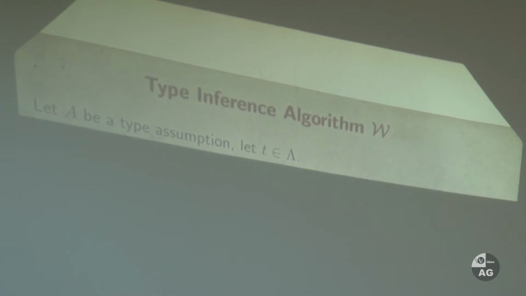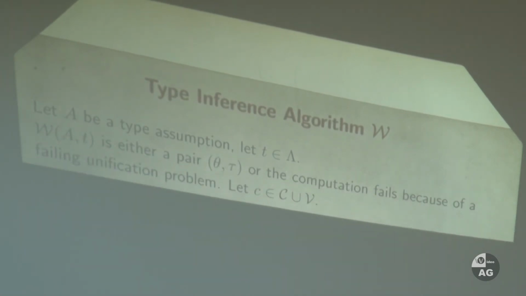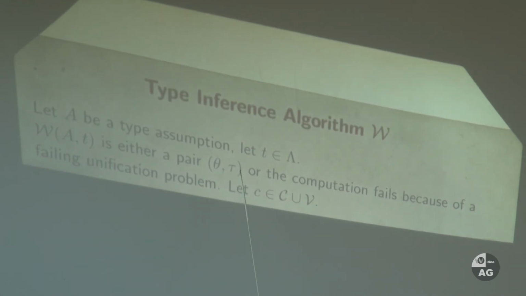And the term is a lambda term, so it comes from the set of all lambda terms, which we denote by capital lambda. Well, what is the result if I call W with A and T? Well, either T is well typed under this type assumption, and then the result will be a pair like this: the most general type of T, and this refinement, which tells us how A must be refined in order to make T well typed. Or the computation fails. Why it can fail, we will see later on. And now the first case was that we have a term like this, so C is a constant or a variable.